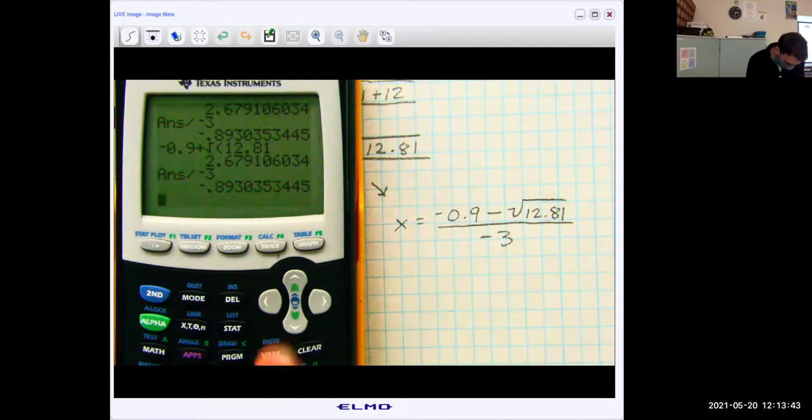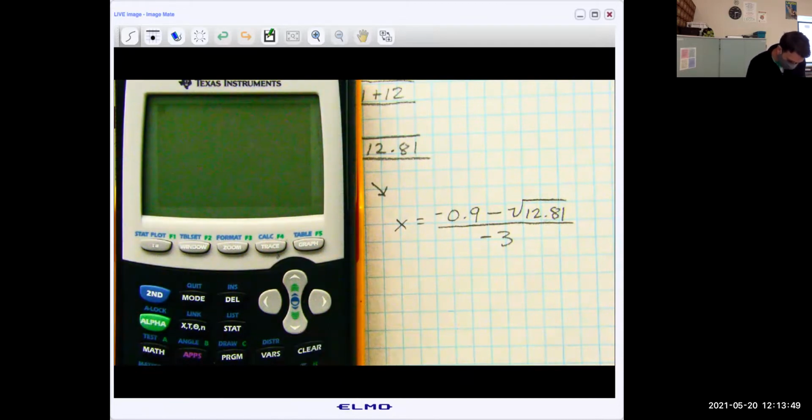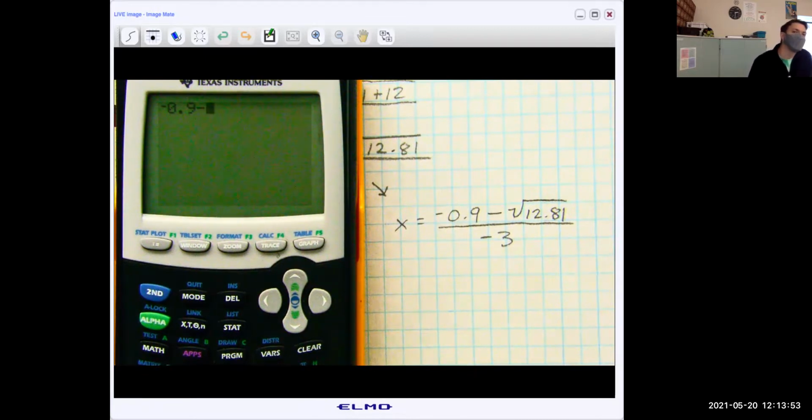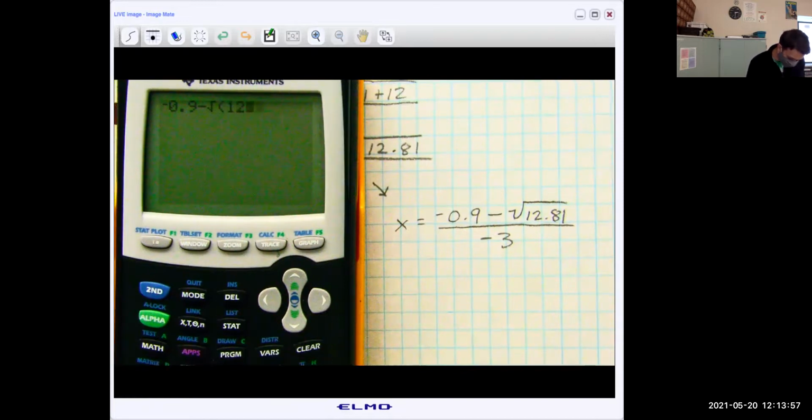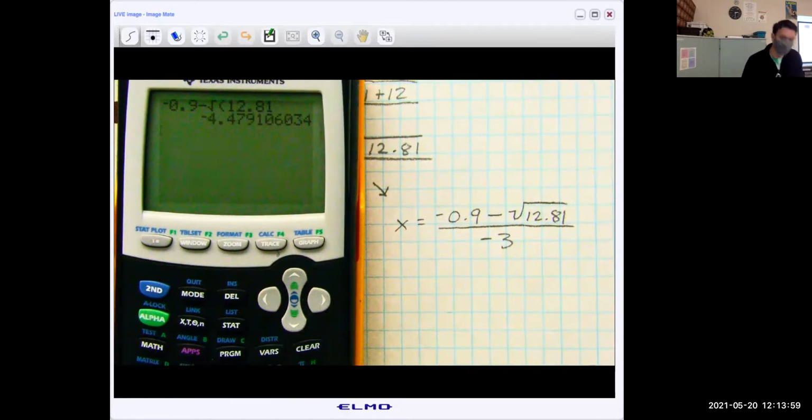Oh, wait, I made a mistake. Oh, I did plus again, huh? Oops, let me do it again. See, if you make a mistake, you go back, you fix it. -0.9 minus the square root of 12.81 equals, there we go, that looks better. I leave it in my calculator and I say divided by -3.